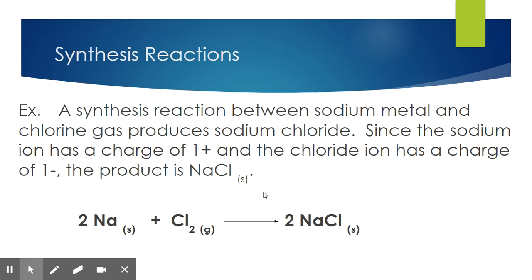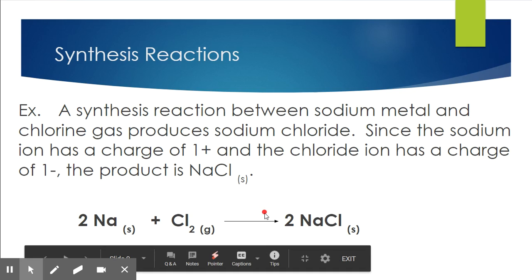Okay, so a synthesis reaction between sodium metal and chlorine gas produces sodium chloride. Since the sodium ion has a charge of 1 plus, and the chlorine ion has a charge of 1 minus, the product is NaCl.